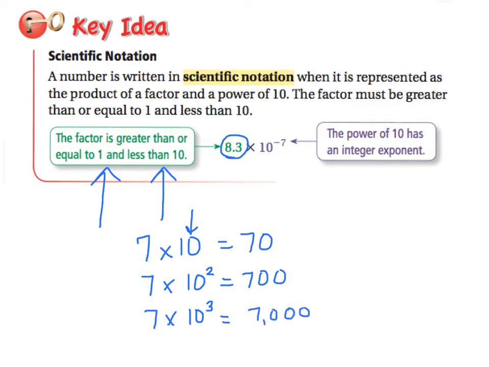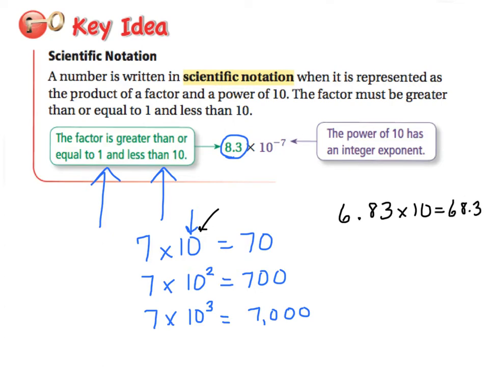Now what happens every time? Every time you multiply by 10, what happened? Now if you said that you added a 0, technically that's correct. But if you did this, 6.83 times 10, that gives me 68.3.